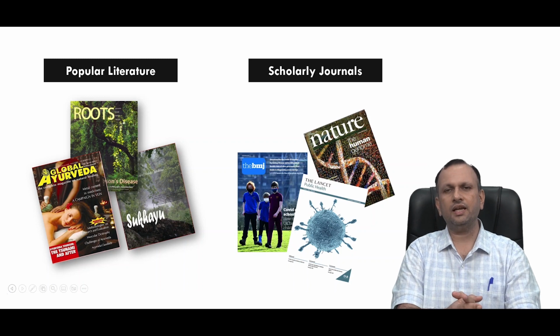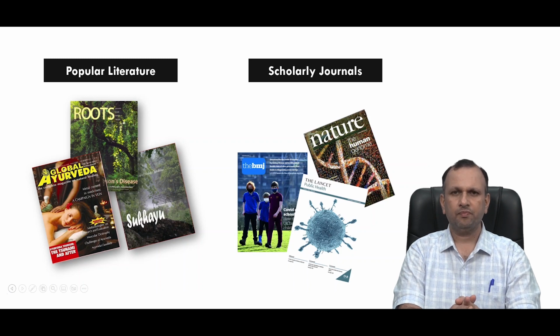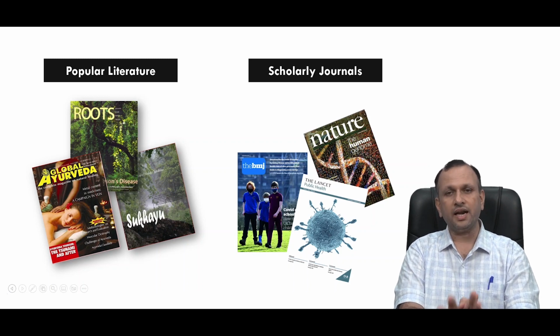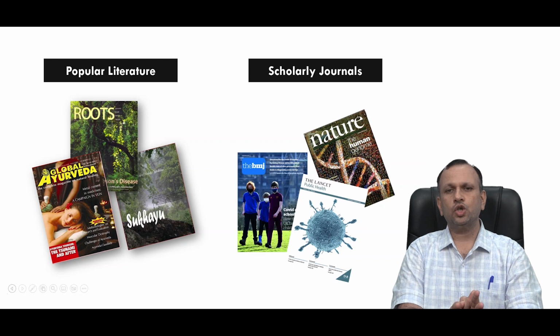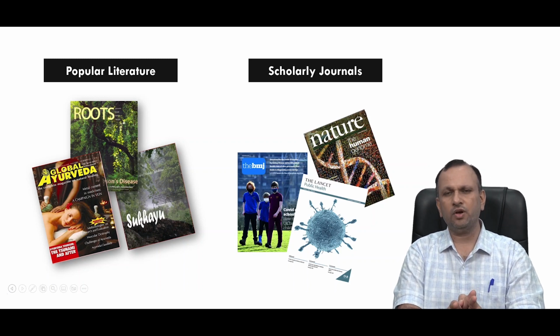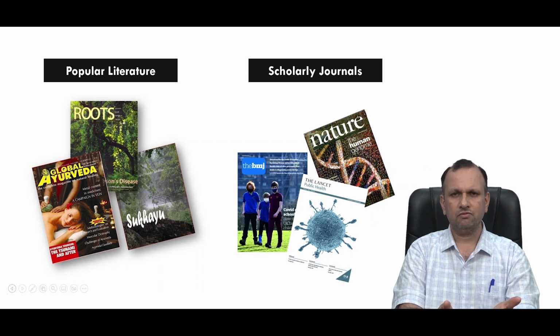Whereas the second category is that of scholarly literature or scholarly journals, where the journals are specifically focused on publishing research results pertaining to a particular field. And these are not read by common people, common in the sense non-expert people. Non-expert people do not read scholarly literature because they cannot understand it for obvious reasons.